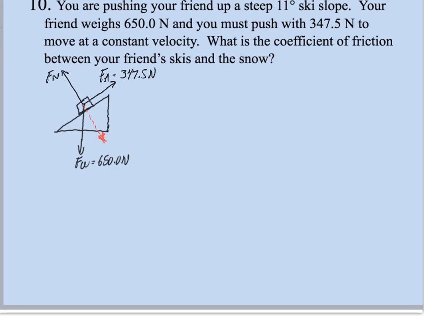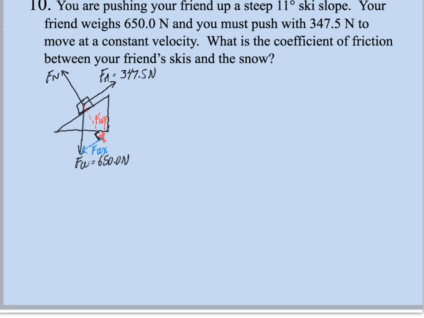And then we draw our FWX. And we label FWY, FWX. And we remember they always make a 90-degree angle. There's that 90-degree angle.